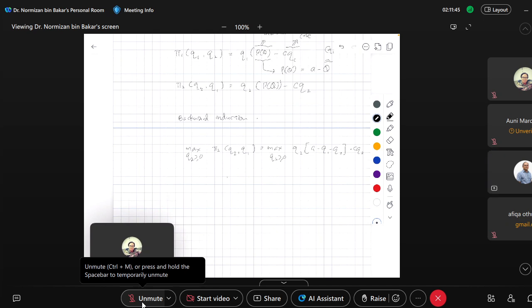I use the partial derivative. So the partial of pi 2 over partial Q2 is A minus Q1 minus 2Q2 minus C equals 0.